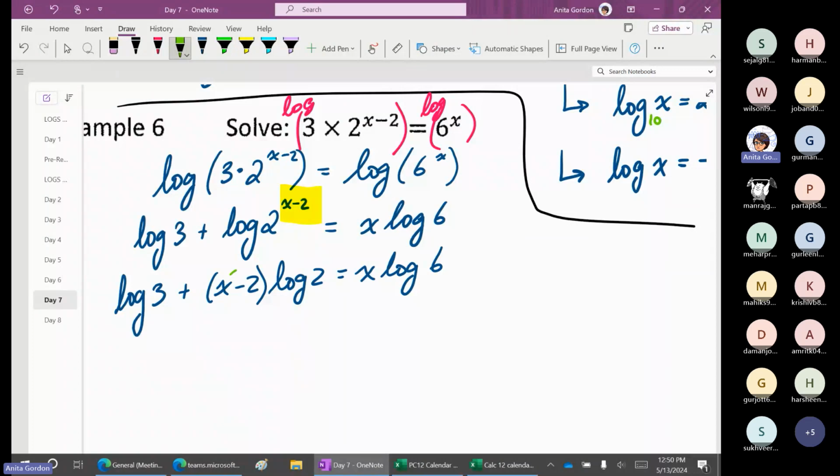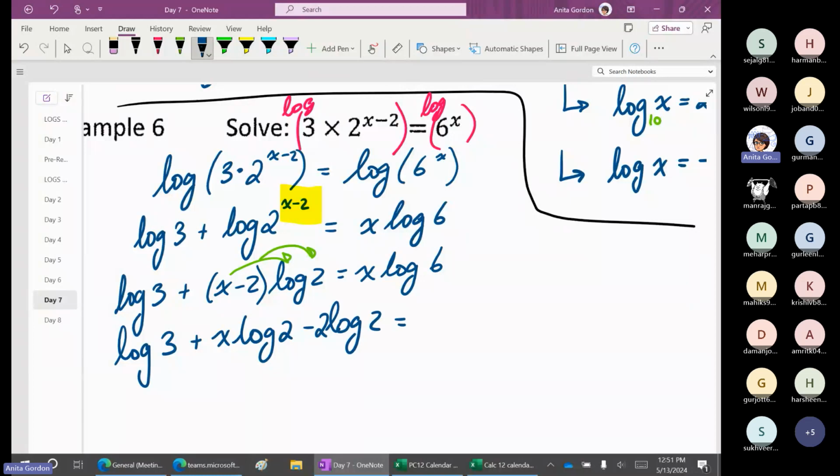I'm going to distribute this coefficient. Log 3 plus x log 2 minus 2 log 2 equals x log 6. You'll notice now that each of the logs only have one thing inside, and that all of them are numbers, which means I can simplify them very quickly because I can just throw these numbers into a calculator, right? My goal here is to get x by itself.